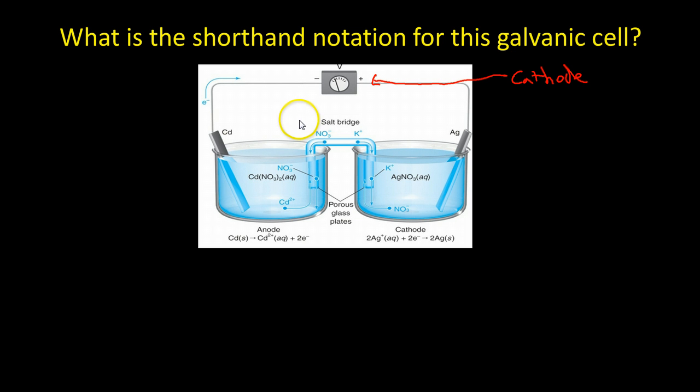The way I think of this, if you remember from cations and anions, cations are positively charged, so I think of cathode as positive, the positive terminal. And the one on the negative side, we always put on the left. This is by convention, and it's the way we always do this. And on the left, this is called the anode.